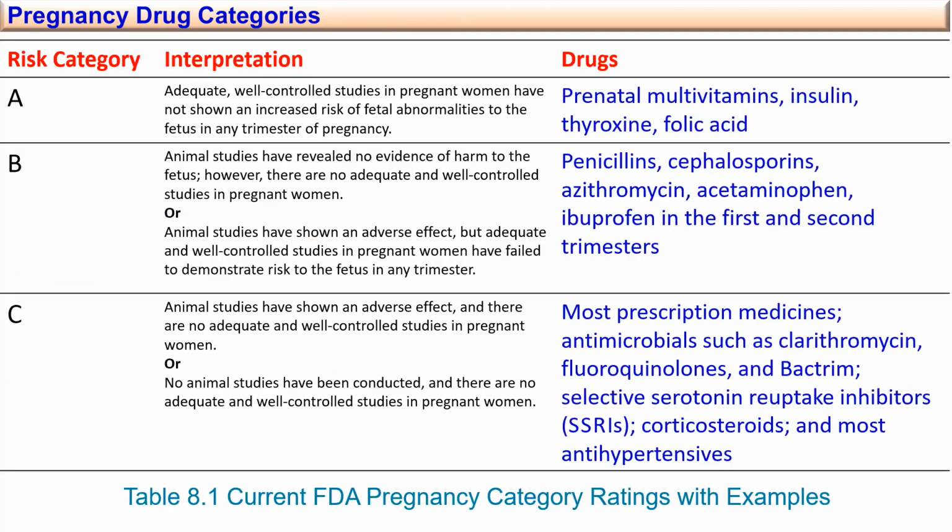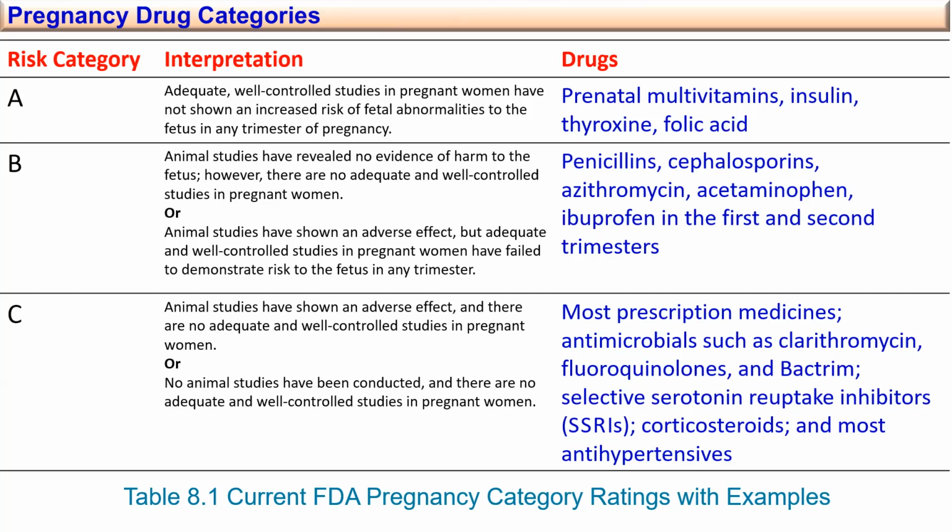And this slide presents some of the medications as examples of each category. Category A, we have drugs like the prenatal multivitamins, insulin, thyroxine, which is a hormone for the thyroid gland, folic acid. Under category B, we have penicillin, cephalosporins, azithromycin, like a Z-Pak, and so forth.